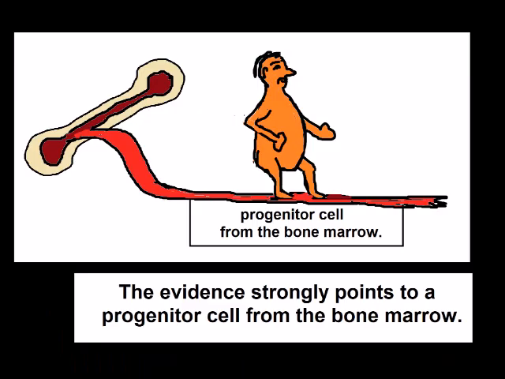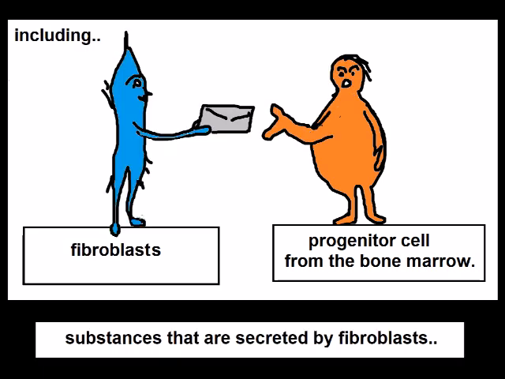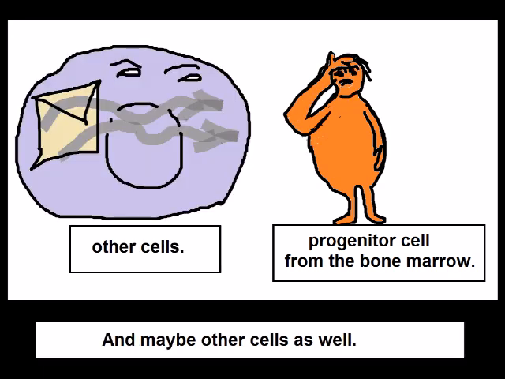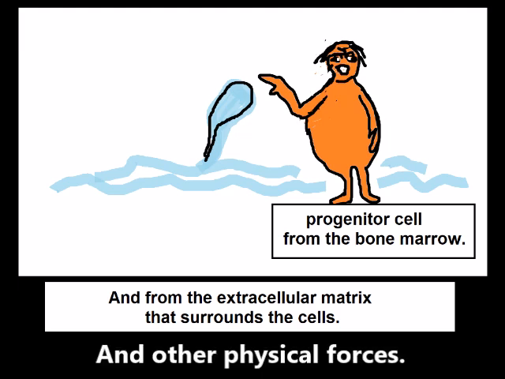The evidence strongly points to a progenitor cell from the bone marrow coming into the area, and a progenitor cell is influenced by external cues, including substances that are secreted by fibroblasts and immune system cells and maybe other cells as well, and from the extracellular matrix that surrounds the cells and other physical forces.